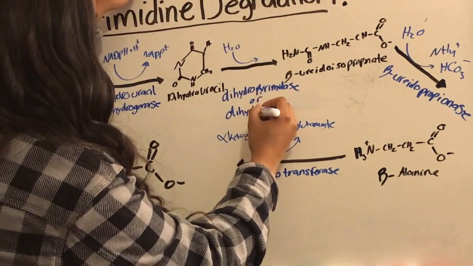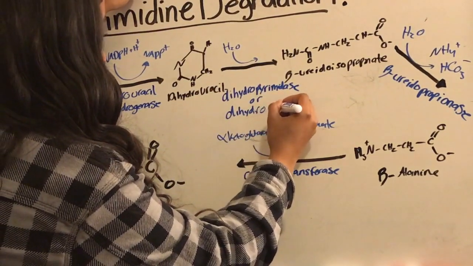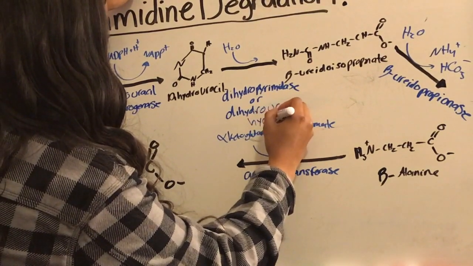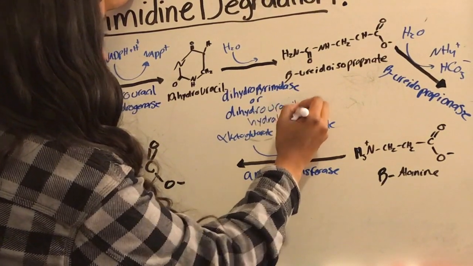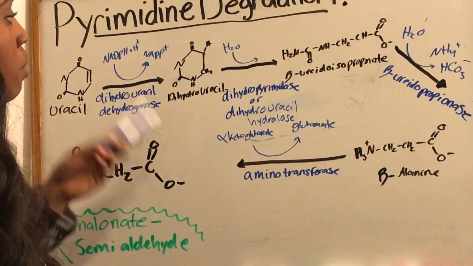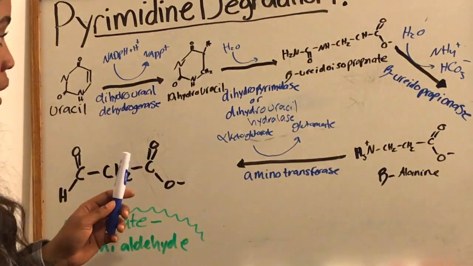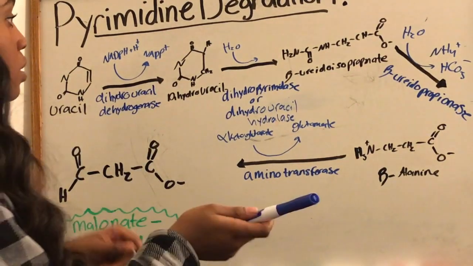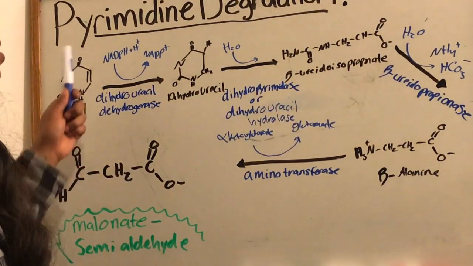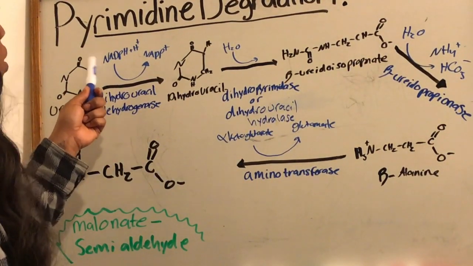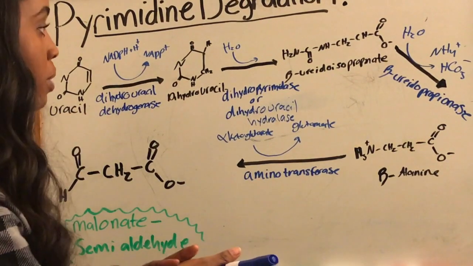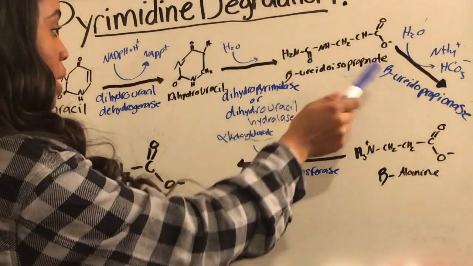dihydrouracil hydrolase. And then that is going to form our beta-ureidopropionate, and like I said before, it's no longer butyrate because uracil does not have that extra substituent or methyl group. So we are moving from 4 carbons to 3 carbons, so we have that propionate.